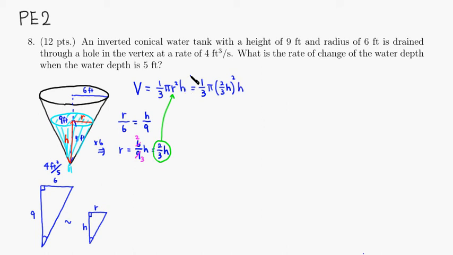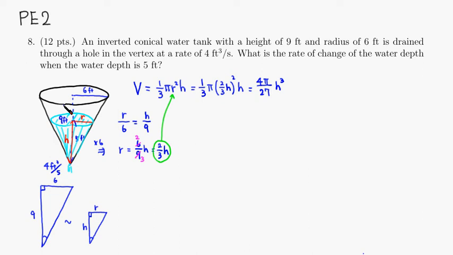If you simplify that, 2 squared is 4, and you have a pi. Then you have 3 squared and another 3, so it's 27 on the bottom. Then you have h squared and h, so it's h cubed. So this is the volume of this body of water.